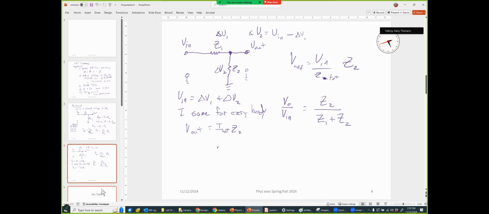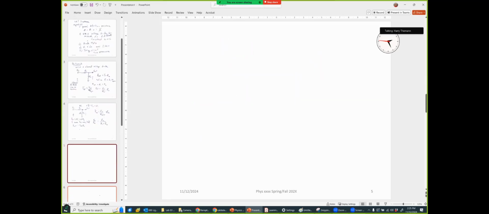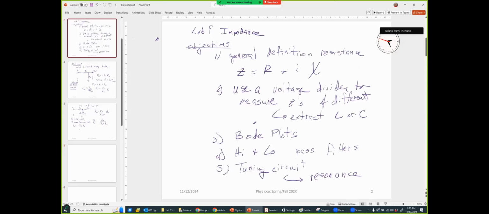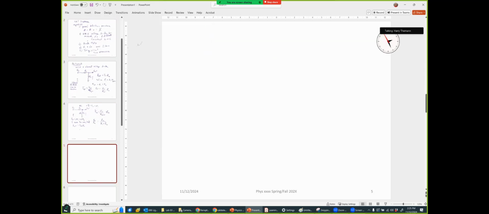All right. So what we usually do, we set this up and we label it slightly differently. We've got our V in. We have some Z here, and this one here, Z1, is usually some standard, well known.